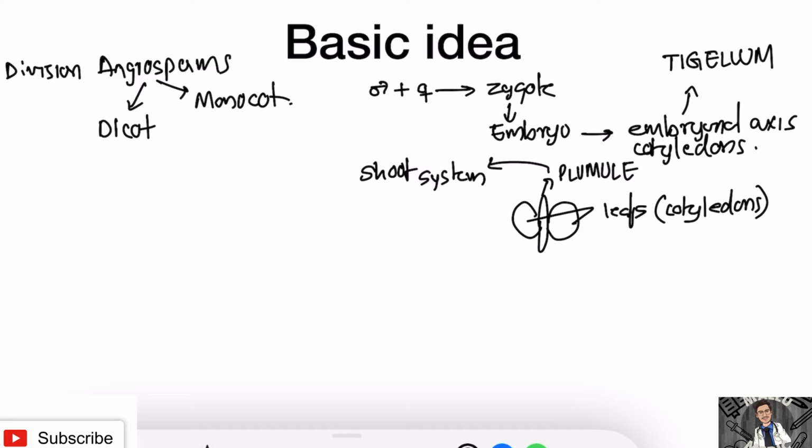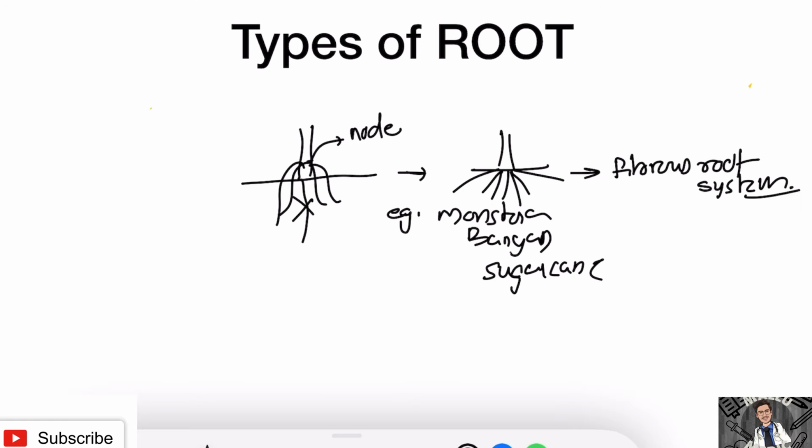And the lower part of the embryonal axis is known as radicle. And it is from the radicle that the root system of the plant arises. I hope you are getting the concepts right. Alright, so here we have the shoot system developing, the root system developing, and also we have learned from where the leaves come. So now, as you have a basic idea, let's move on to the root system.